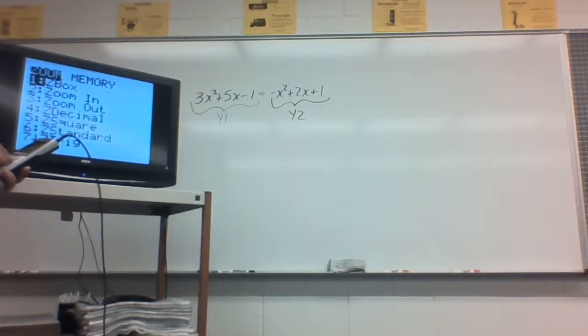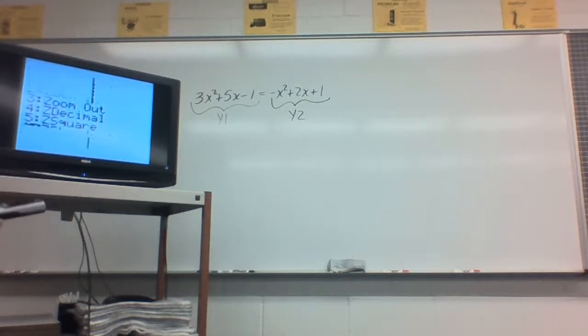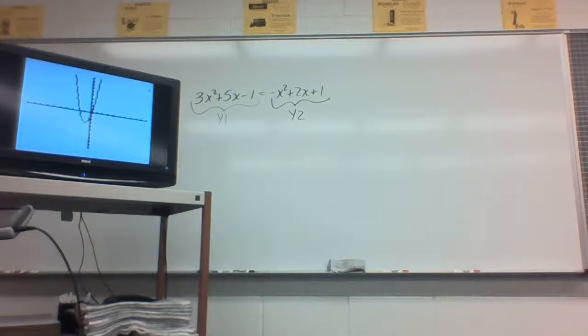And we're going to go to a standard screen since there's no context to the problem. It's just a skill. So we're going to go to a standard screen, see what happens. We expect 2 parabolas, one that opens up, one that opens down. And it looks like they intersect in 2 places, right? Yeah? So we're going to go find those.